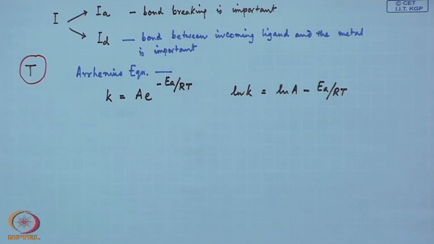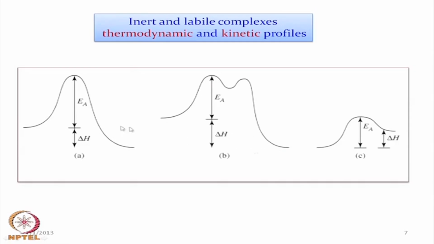So, we can have three different types of these plots depending upon the EA. EA is the energy of activation with respect to the enthalpy of the reaction. If the enthalpy of the reaction is less, that means delta H is less than 0, we can have a large equilibrium constant.